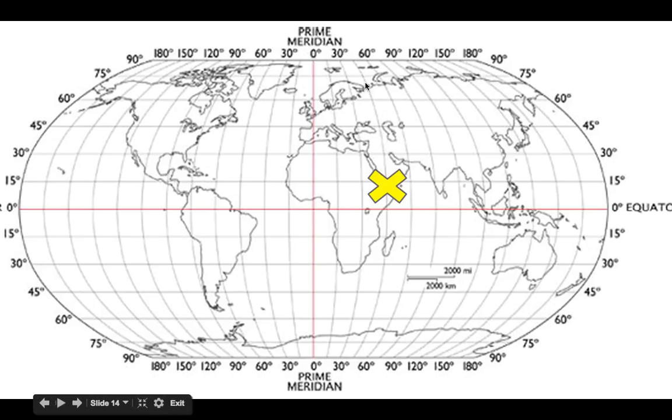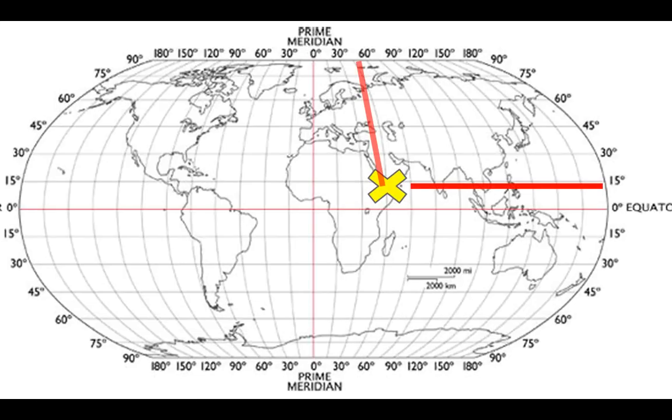And when I trace this, I see that I'm kind of in between the 30 and the 60. So, since I don't know the exact number, I need a number that's kind of halfway between 30 and 60.